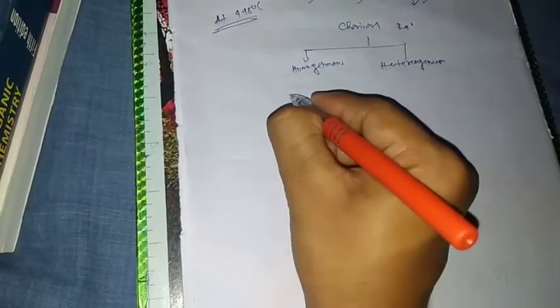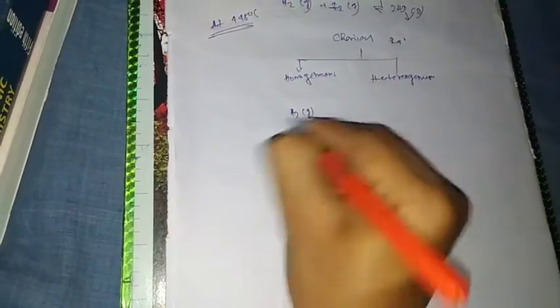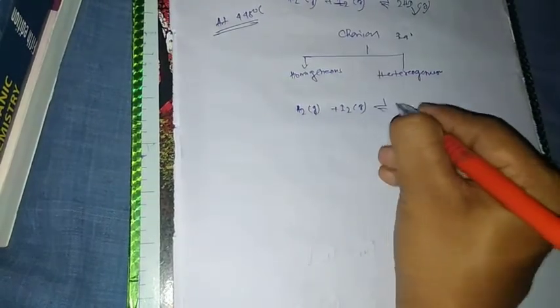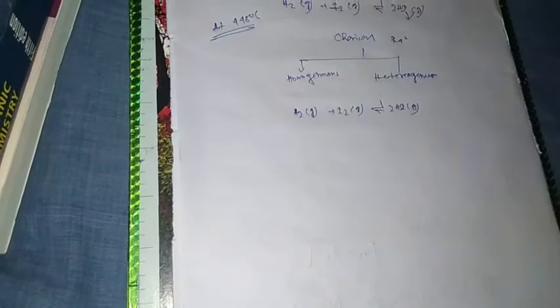In homogeneous chemical equilibrium, all the molecules are in the same state. That is, if we consider the above reaction, then all the reactants and all the products, all the molecules, are in the same state. So this is known as homogeneous equilibrium.